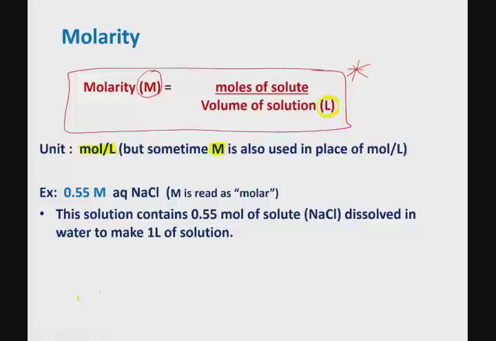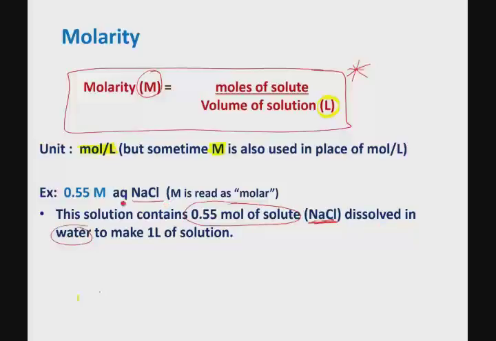This basically tells us a lot of things, actually. It tells us, number one, that it's a solution, it's not pure sodium chloride, and the solution contains 0.55 moles of the solute. In this case, the solute is sodium chloride because that is labeled. So it contains 0.55 moles of solute sodium chloride dissolved in water.